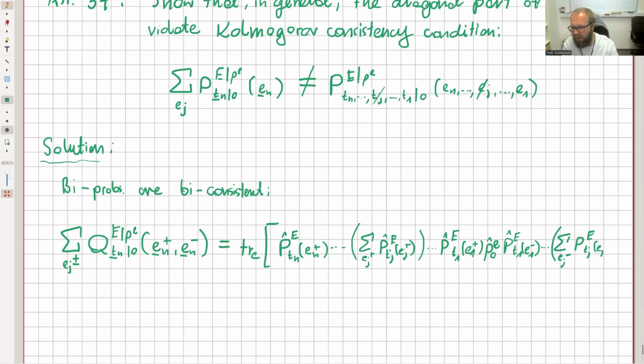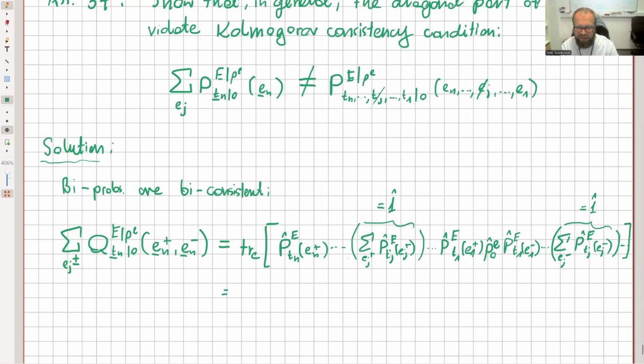TJ, EJ minus, and so on. Close the brackets. Of course, these are a complete set of orthogonal projectors. This is identity, and this is identity also.